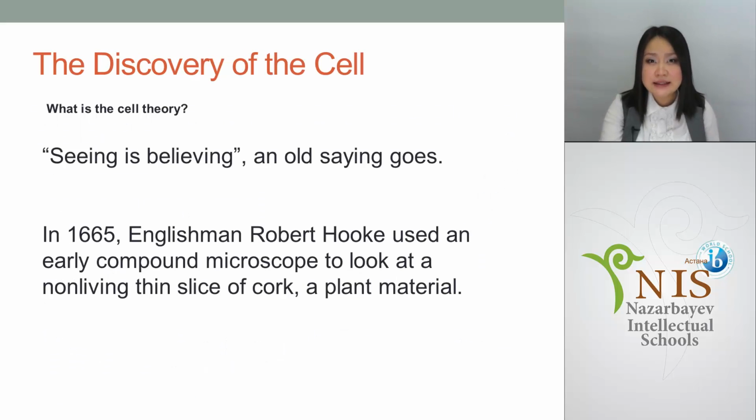The discovery of the cell: if we look at the history, how scientists discovered it. Seeing is believing, an old saying goes. In 1665, Englishman Robert Hooke used an early compound microscope to look at a non-living slice of cork, a plant material.